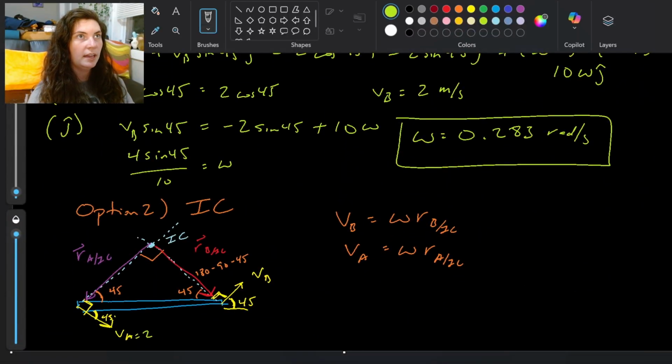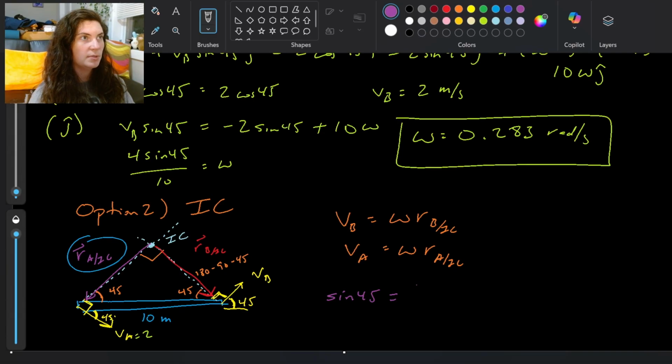And I know that the length of this rod here was 10 meters, so I can find this R_A/IC really easily. At 45 degrees, sine 45 equals opposite over hypotenuse.